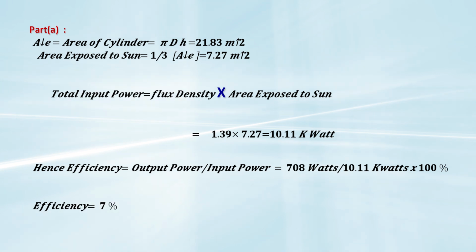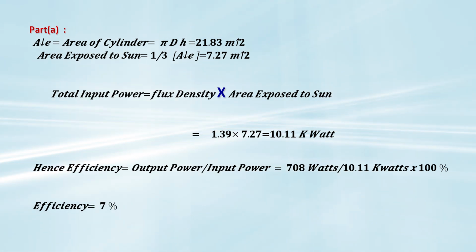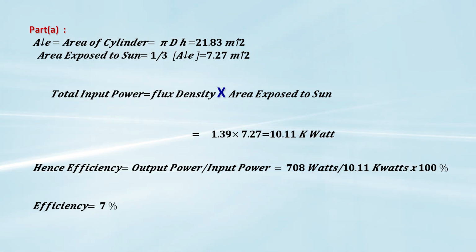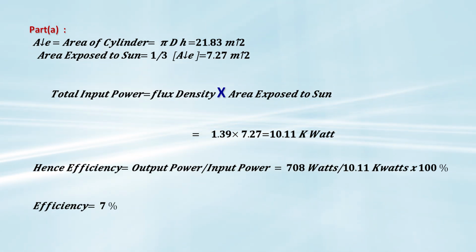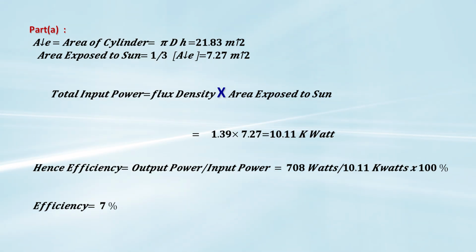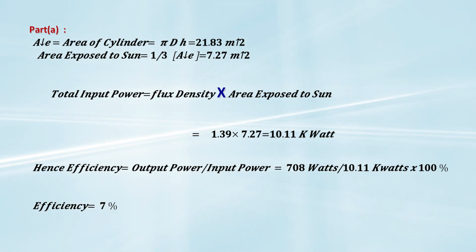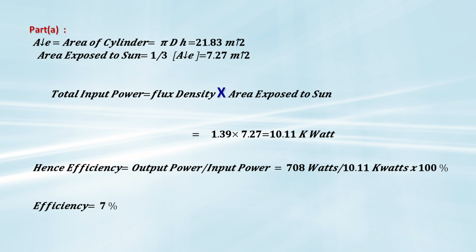So, just dividing the area of the cylinder by 3, we can find the area exposed to the sun, and then we can calculate the total input power, that is, the incident solar energy or solar power, which can be called flux density times area exposed to the sun. So, this gives the total input power as 10.11 kilowatts.